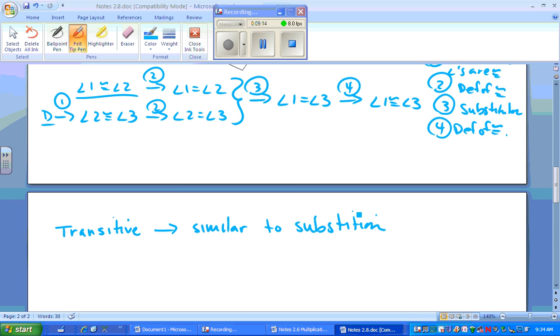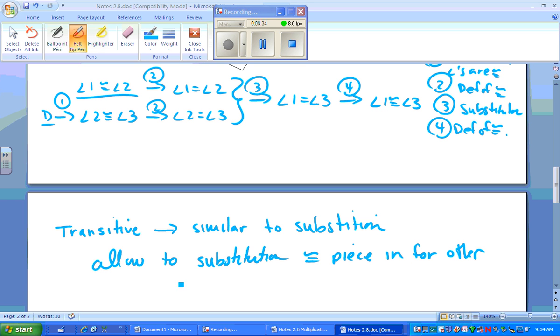The only difference is it allows you to substitute congruent pieces in for other congruent pieces.